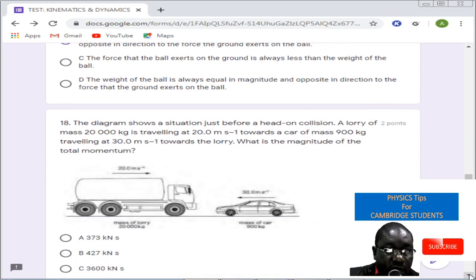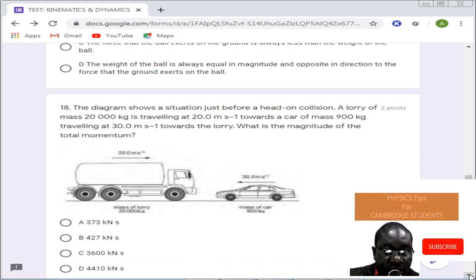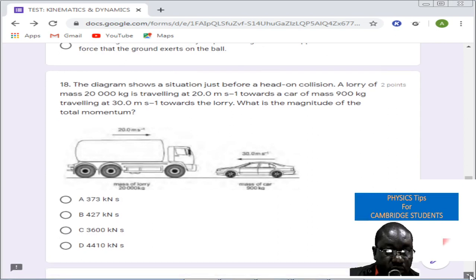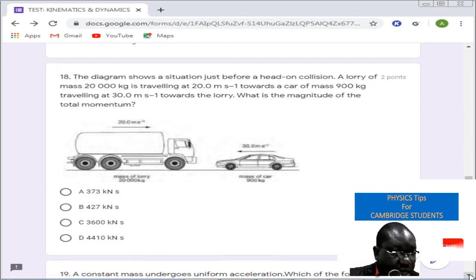Remember, Newton's third law forces are supposed to be of the same type, so they are supposed to be both gravitational. That was number 17.